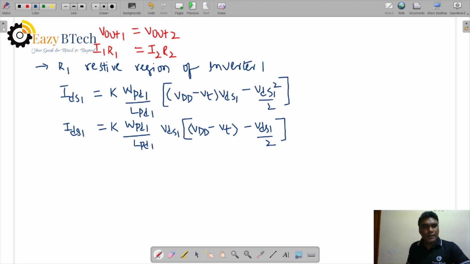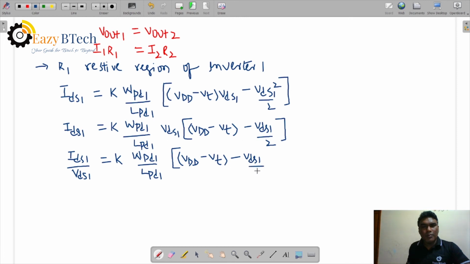So we can write IDS1 by VDS1 is equal to K into W pull down 1 by length pull down 1, and this input is VDD minus VT minus VDS1 by 2. So we can take the output of the first inverter in the equivalent circuit, I1 and R1.